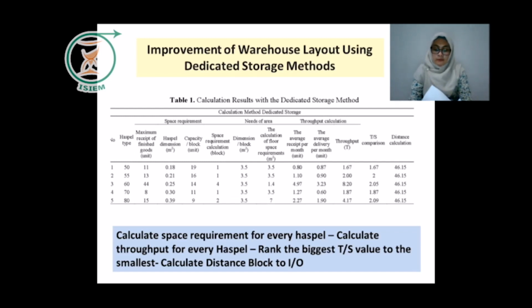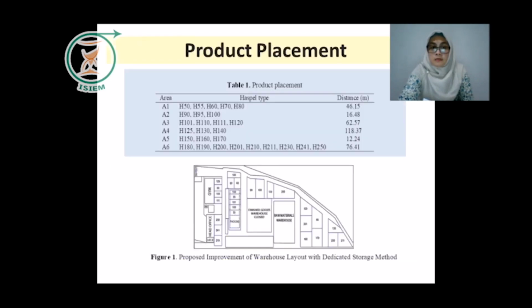The improvement using dedicated storage follows: calculate space requirement for every haspa, calculate throughput for every haspa, and sort the value to the smallest, and calculate distance block. And the calculation result with dedicated storage method can be seen in this table.